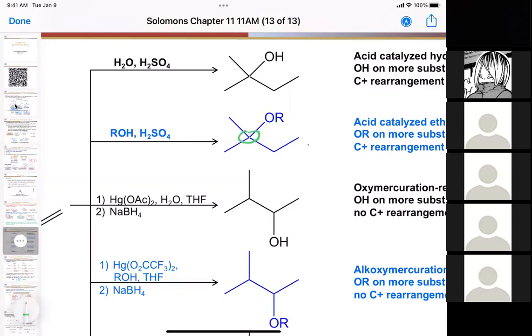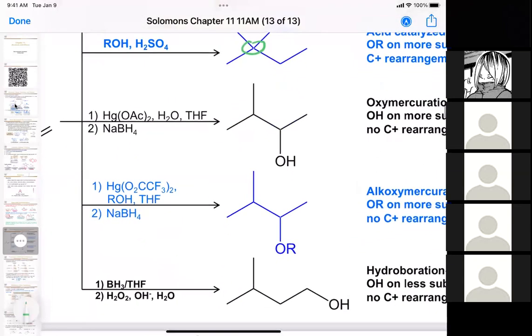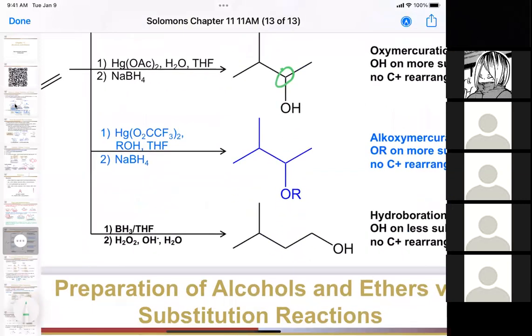Then we had our oxymercuration-demercuration, where our mercury adds to the less substituted side. We get our alcohol on the secondary site, or the more substituted side, and it does not rearrange. There is no carbocation. So that's how you can get your secondary alcohol. We can get our ether by using an alcohol instead of water, and again, it does not rearrange.